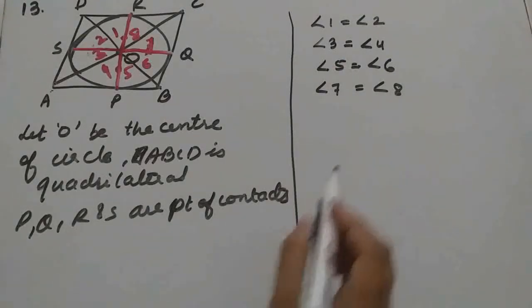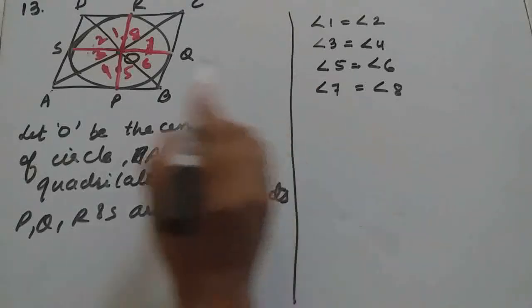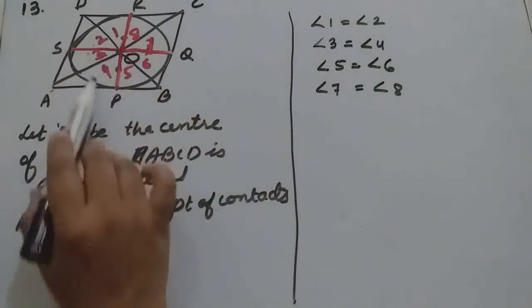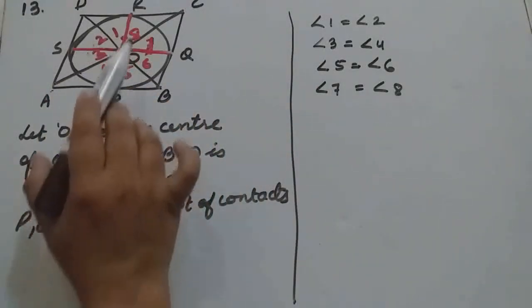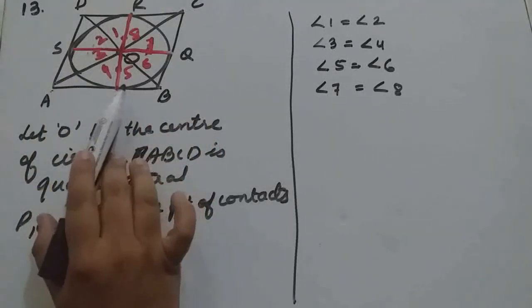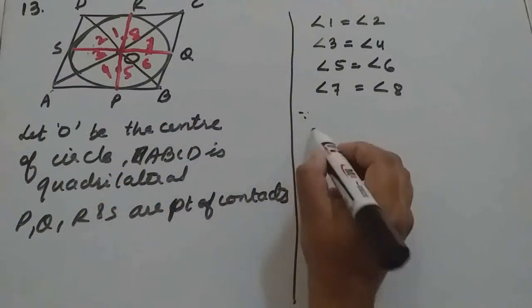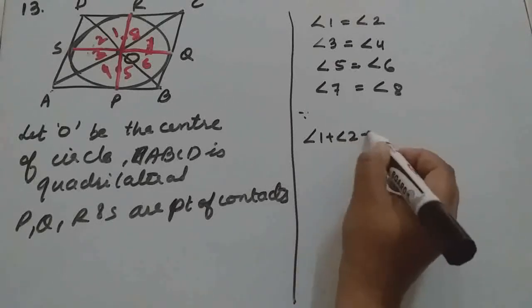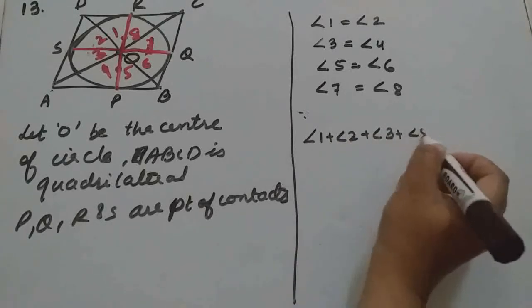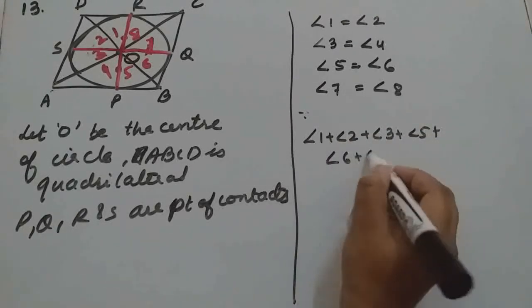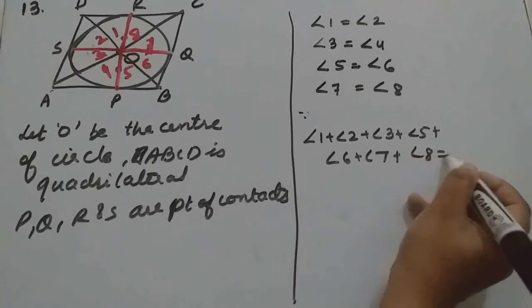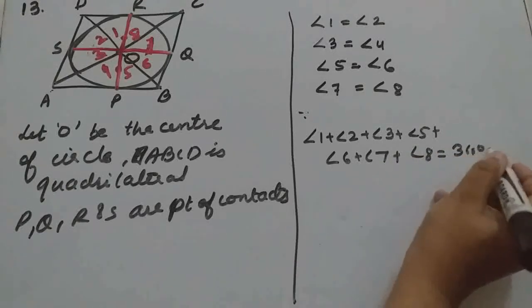Okay. So now see the addition of all these angles. All these angles will give a summation of 360, since angles 1 to 8 will give 360. Okay, complete circle.